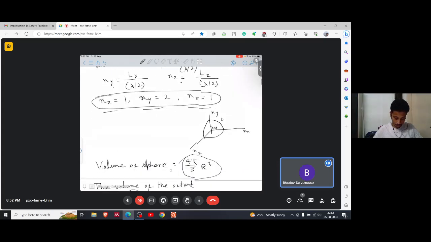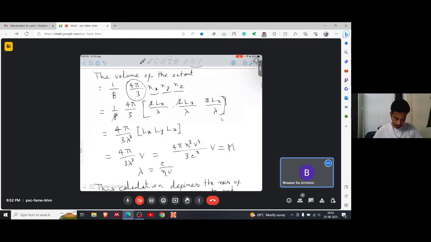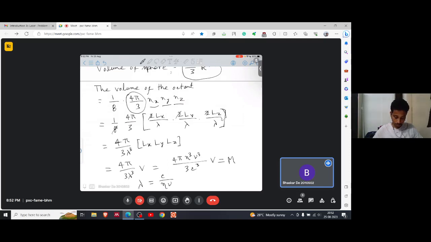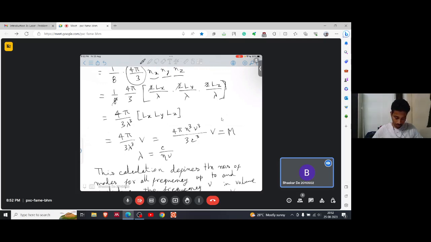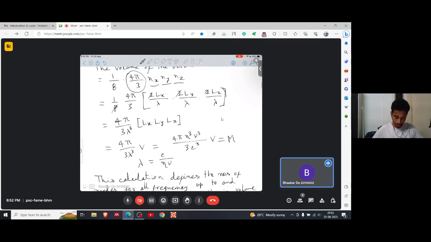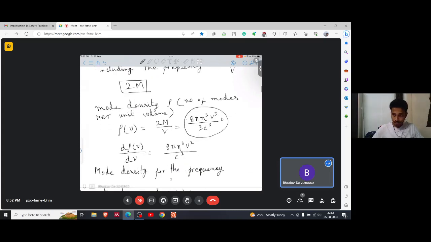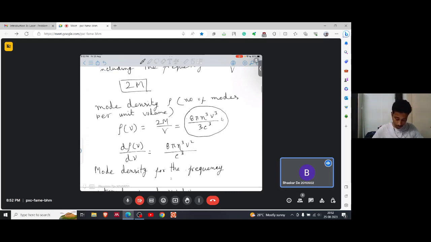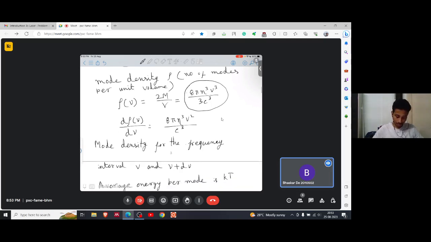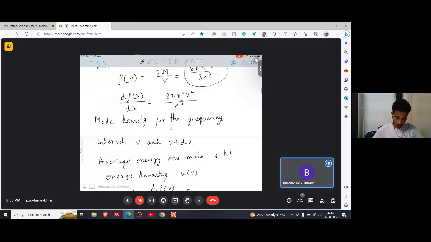From that we calculated the modes. The number of modes is calculated by calculating the volume of the octant, which is 4 pi by 3 lambda cube V. Then lambda is replaced by the value c by eta nu, and the volume is 4 pi eta cube nu cube by 3 c cube V. Then the mode density is given by 8 pi eta cube nu cube by 3 c cube, and the mode density for the frequency interval nu and nu plus d nu is 8 pi eta cube nu cube by c cube d nu.